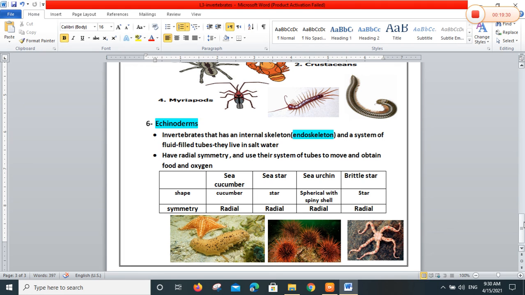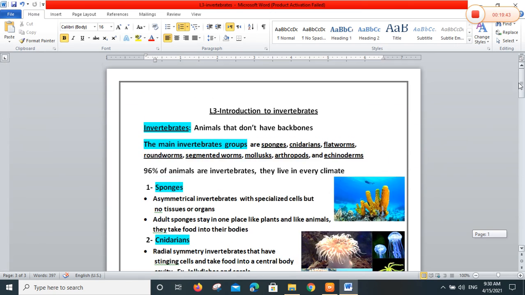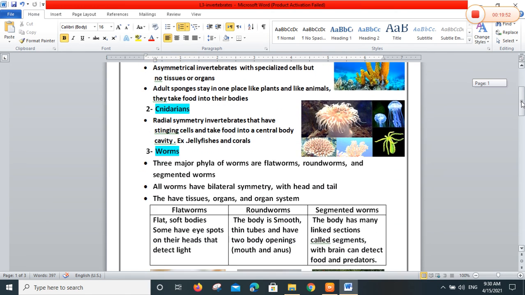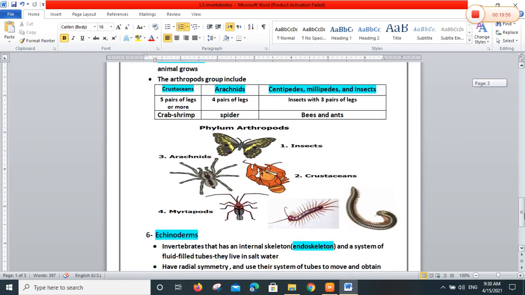So they can get food and oxygen through these tubes. So we did the groups of invertebrates: sponges, cnidarians, echinoderms, arthropods, worms, mollusks. Okay, thank you, all of you.